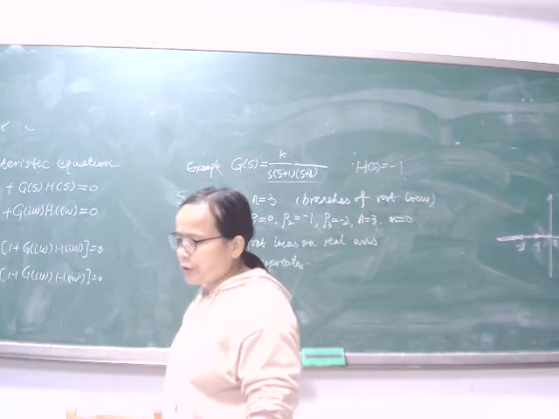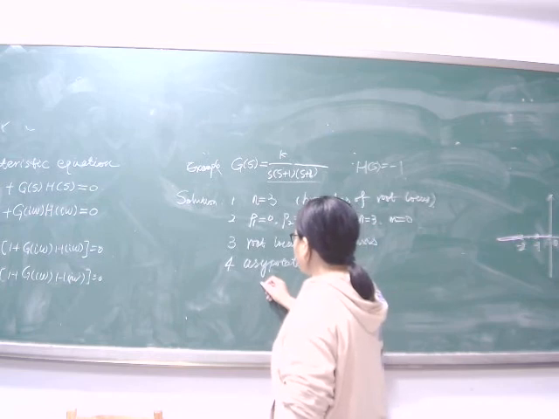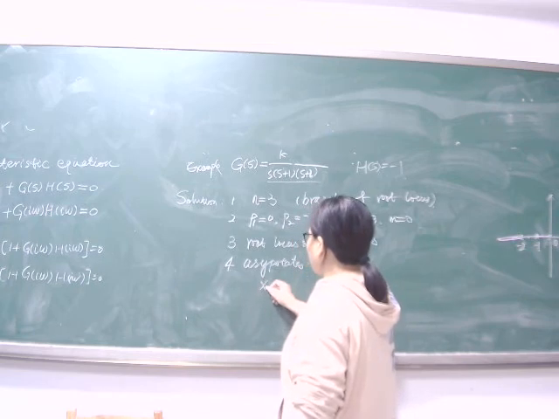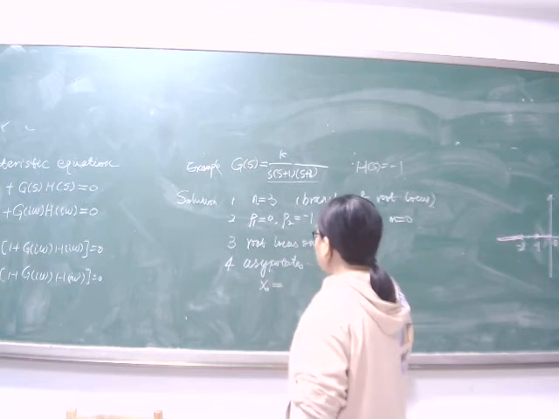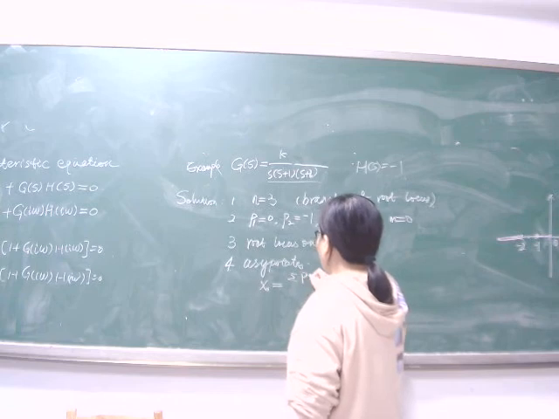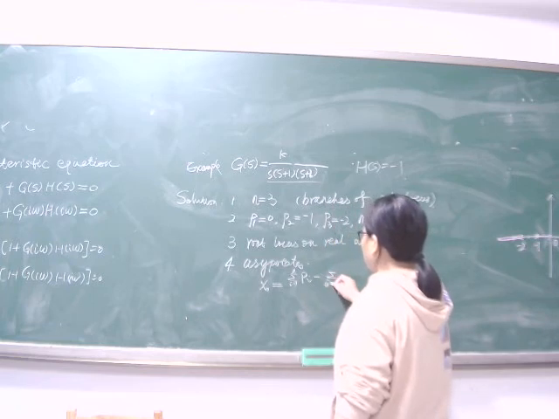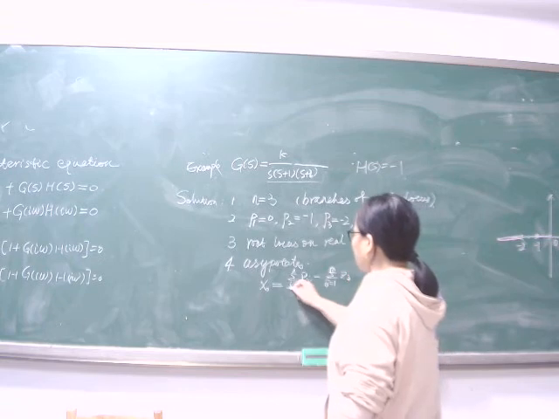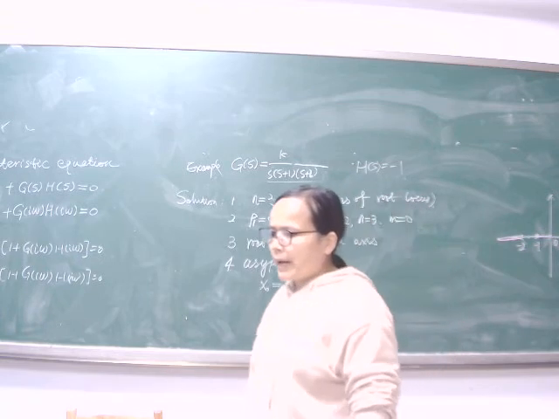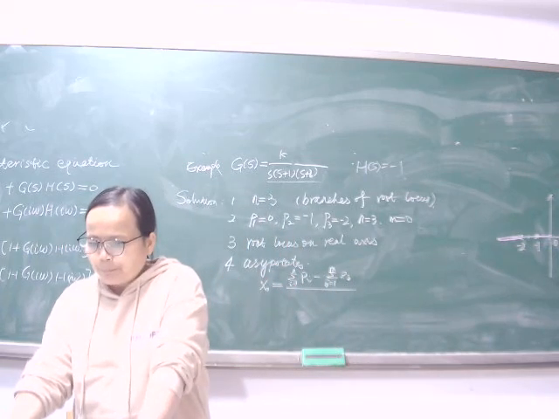This point is x_a, which is equal to the sum of the poles, sigma i from 1 to n, minus the sum of the zeros, sigma j from 1 to m, divided by n minus m.